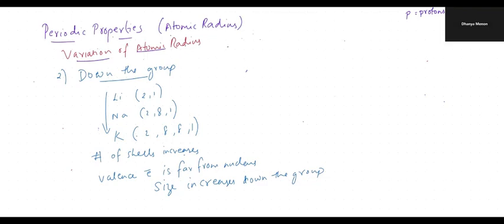Okay, so if I make a rough chart like this, along the period the atomic radius decreases. If along the period it is decreasing, definitely it will increase along a group.